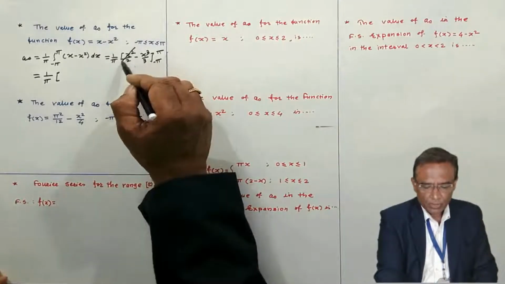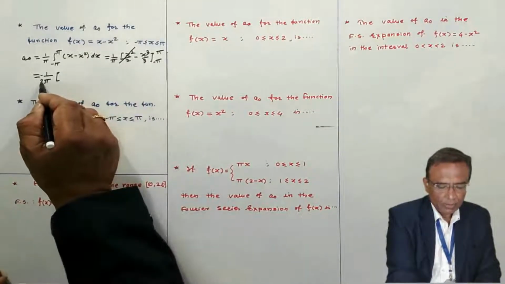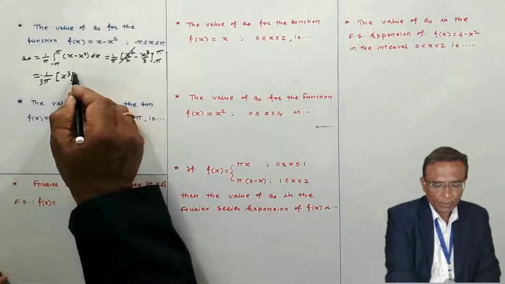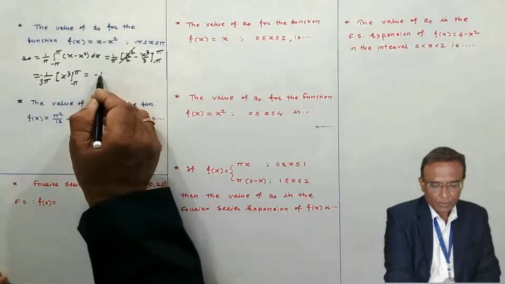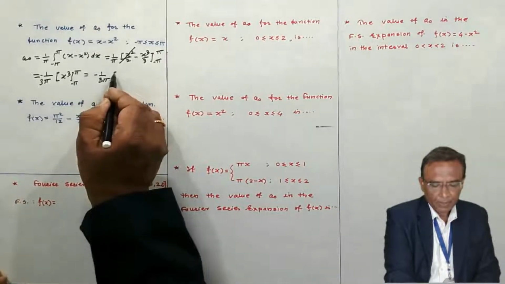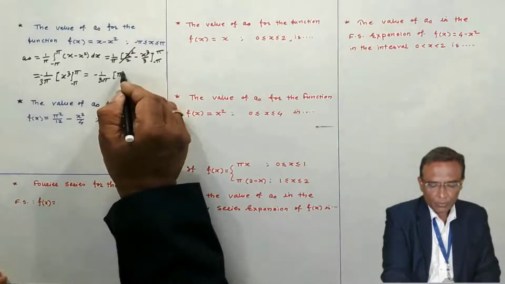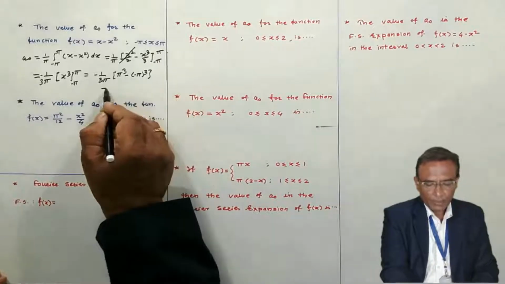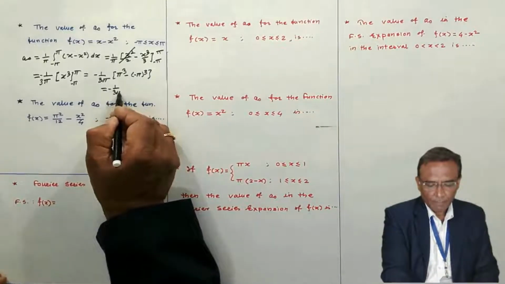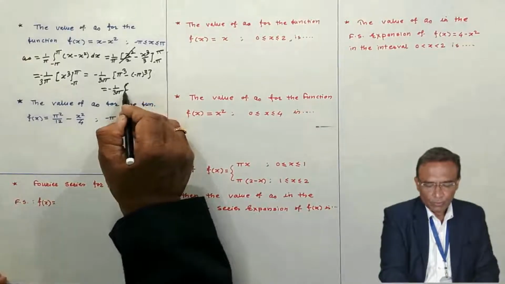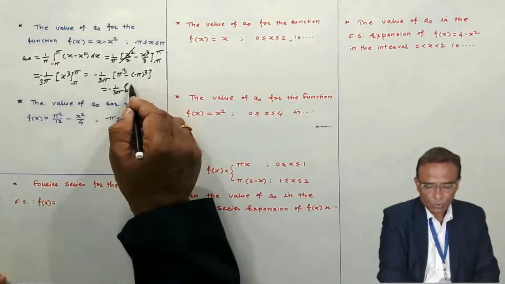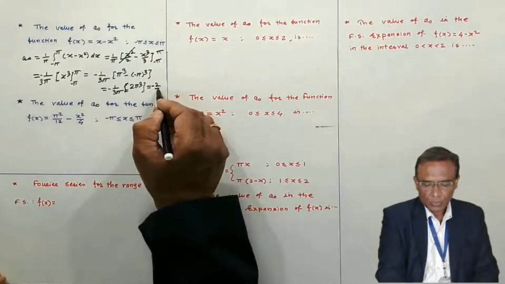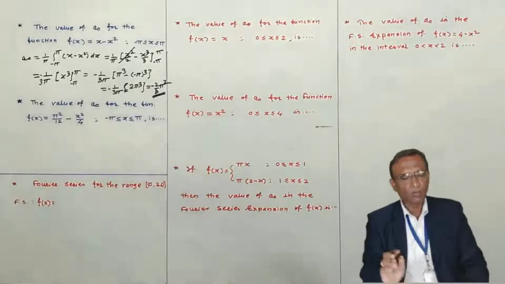Then, 1 by 3 times x cube from minus pi to pi gives 1 by 3 pi cube minus minus pi cube, which means 2 pi cube. And here, one pi gets cancelled, giving 2 by 3 pi square. This is the value of a0.